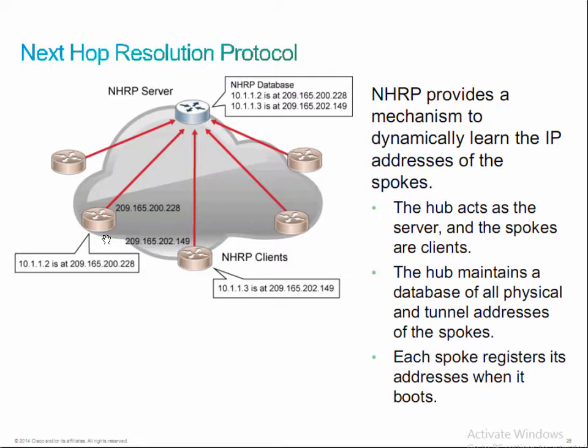In that process, the hub router has been able to identify not only that the spoke router exists, but what the public address of the interface of that router is, and also what the IP address of the tunnel interface of that particular router is. So the 209.165.200.226 address that you see there is the physical address.